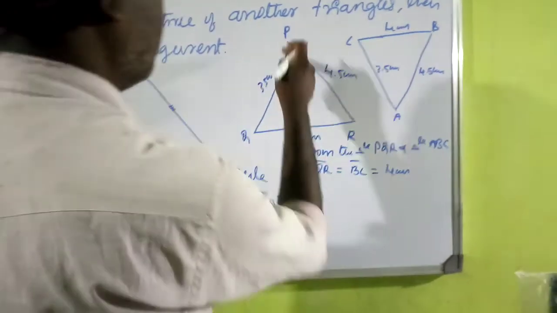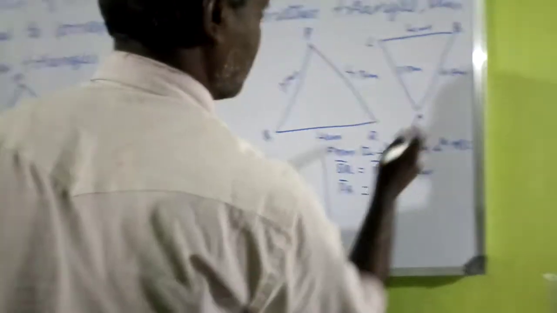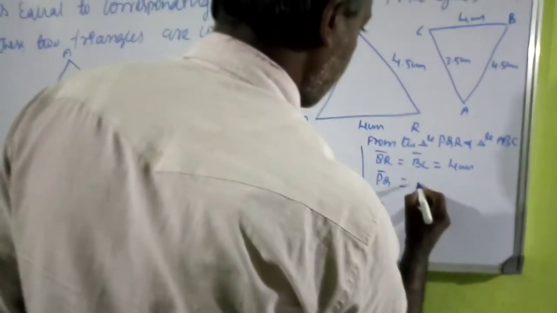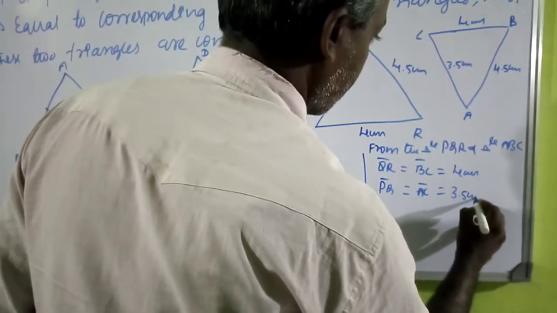Next I will take PQ. Its corresponding side here is AC, that is equal to 3.5 centimeters.